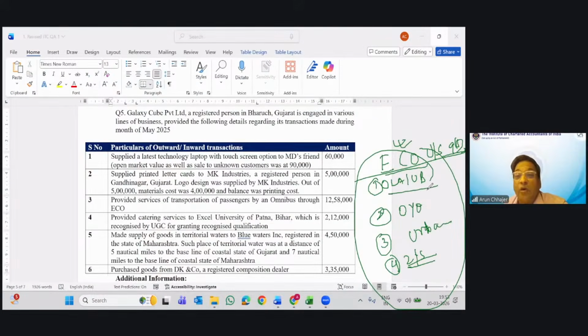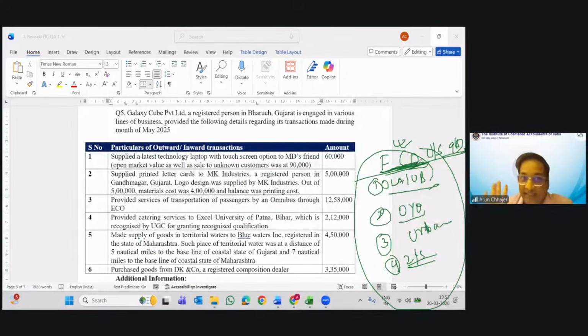The actual supplier is the car owner. The actual supplier is the hotel owner. Correct? So in that case, the ECO would be liable to pay the tax as if they are the supplier. So please do not use the word RCM.